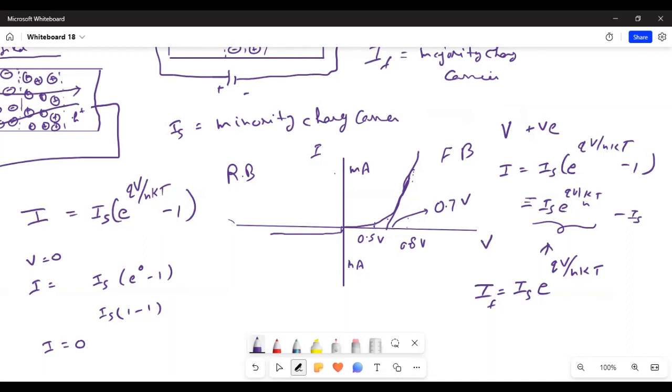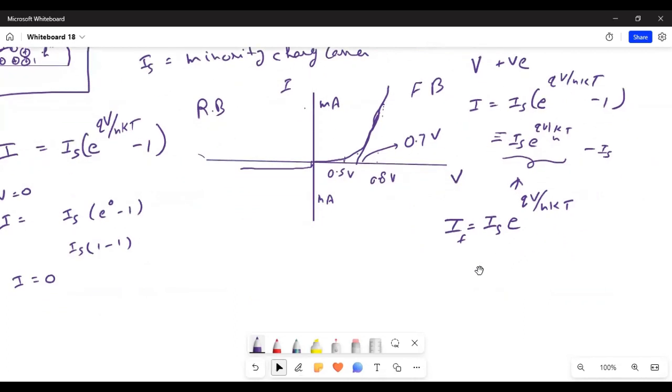And of course, what happens when we apply a negative bias? Similarly, I will be equal to Is e to the power minus qV by kT minus Is.